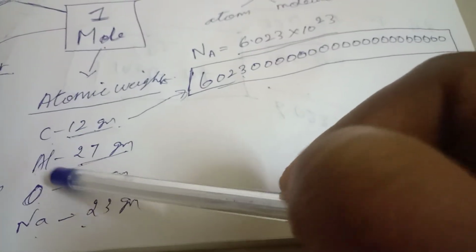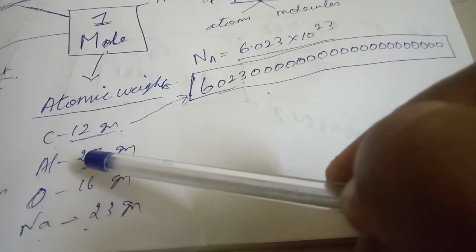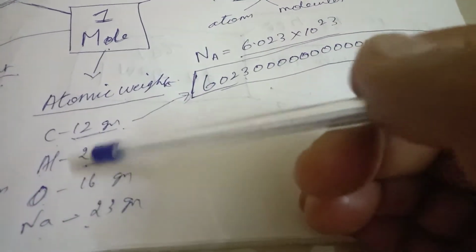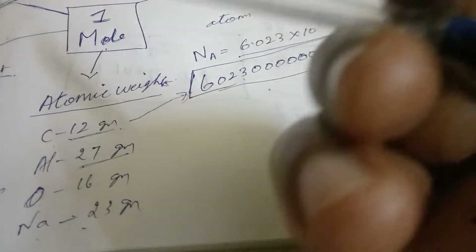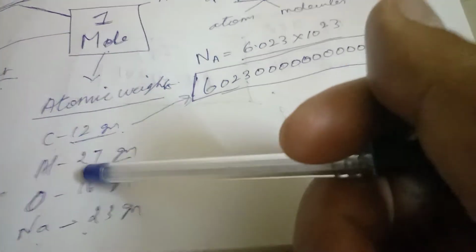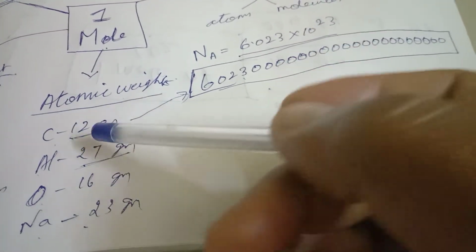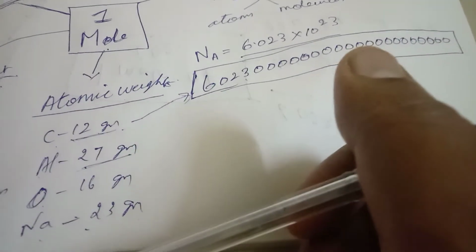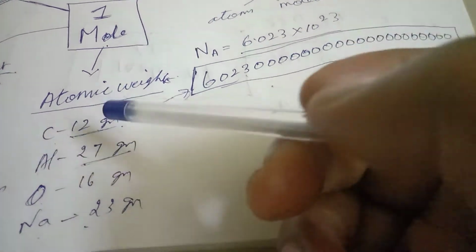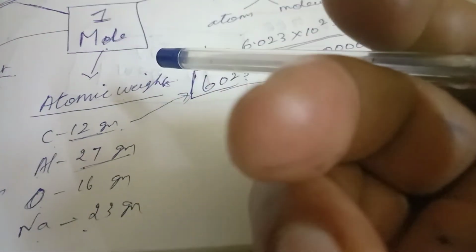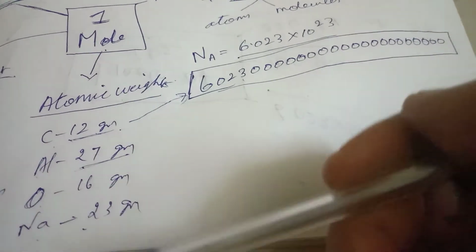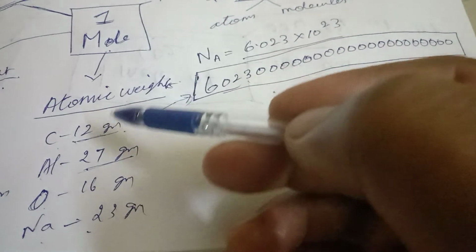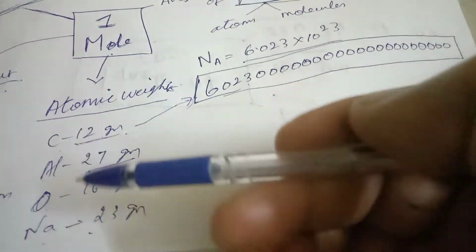If we take aluminium, its atomic weight is 27 gram, so that is one mole of aluminium. If I have 27 gram of aluminium in my hand, I can say this is one mole of aluminium. Like that, if I have 16 gram of oxygen, that is one mole of oxygen atom. If I have 23 gram of sodium, I can say I have one mole of sodium. So for atoms, one mole is equal to its atomic weight.